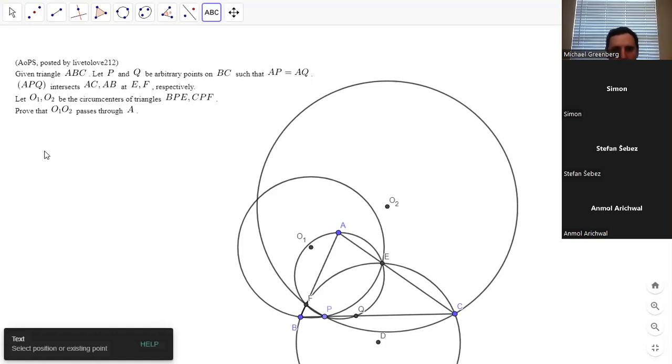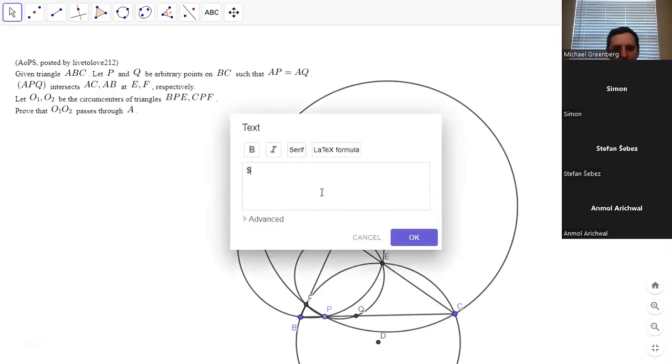So we have angle AFP equal to angle AQC equal to angle APB, which means triangle AFP is similar to triangle APB, and that means AP squared is equal to AF times AB.